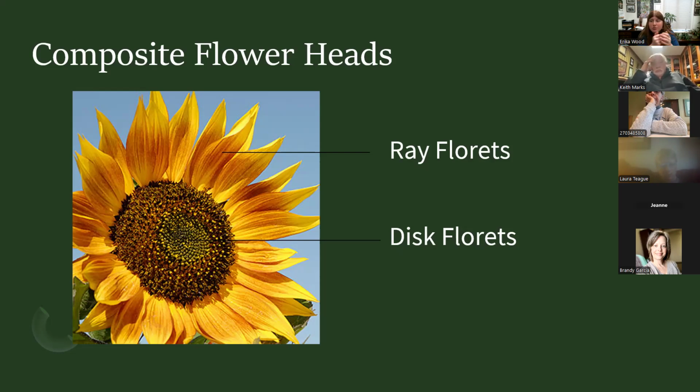And the same goes for what we call disc florets. So this is typically the center part of the flowering structure. A lot of times we call these the domes, especially with our echinaceas and our rudbeckias. And with each little disc floret, you have all these hundreds and hundreds of tiny, tiny little flowers. And you can kind of visualize that a little bit better on a sunflower.